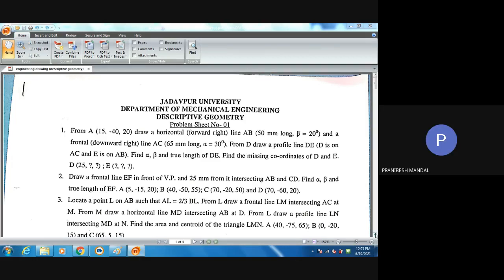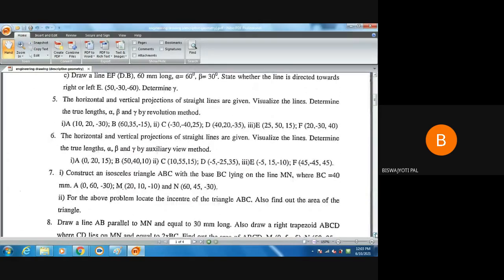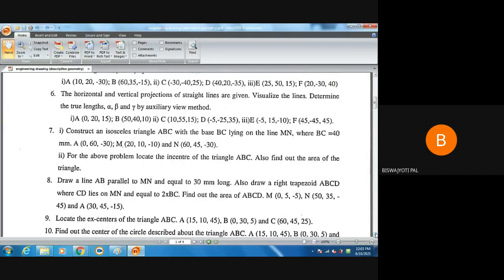let's come down again to the problem sheet. Problems on this particular auxiliary view method.